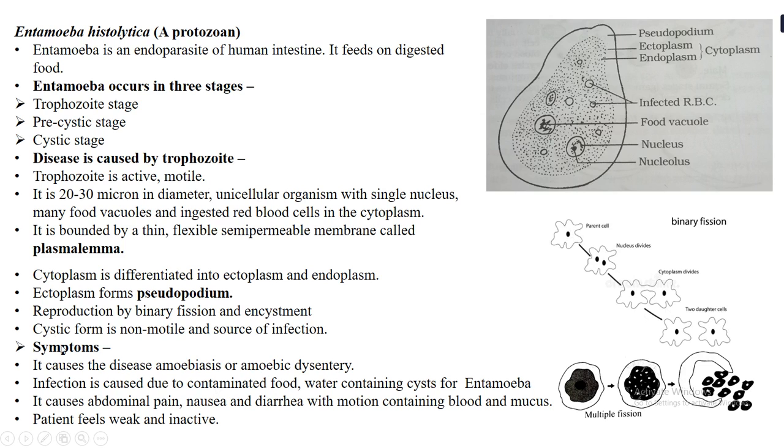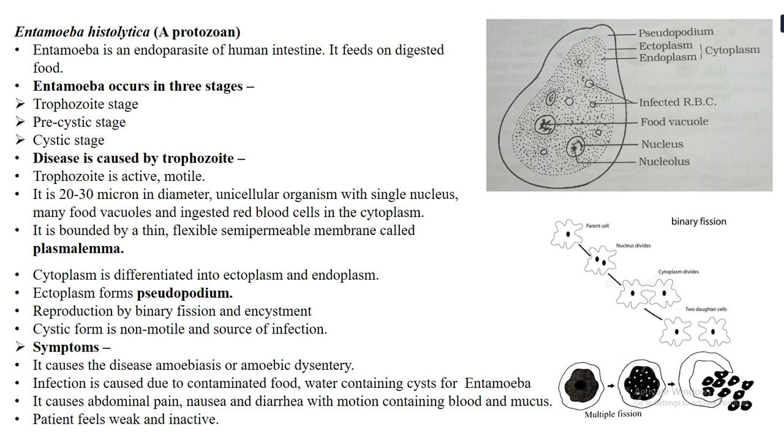Now the cystic form is the non-motile stage, and this is the source of infection. That means when the infection is spread from one human to another, it is spread when it is in the cystic form. And the disease is caused when it is in the trophozoite form.